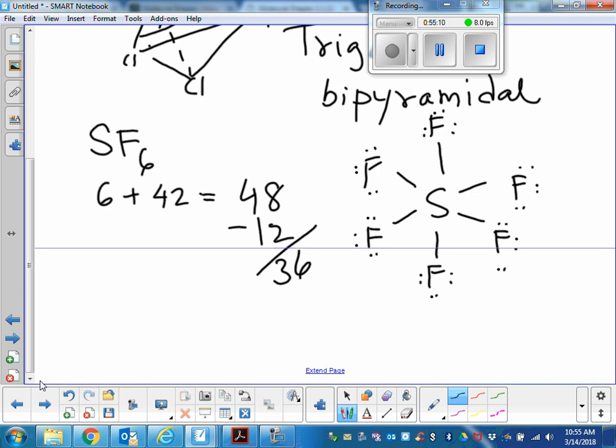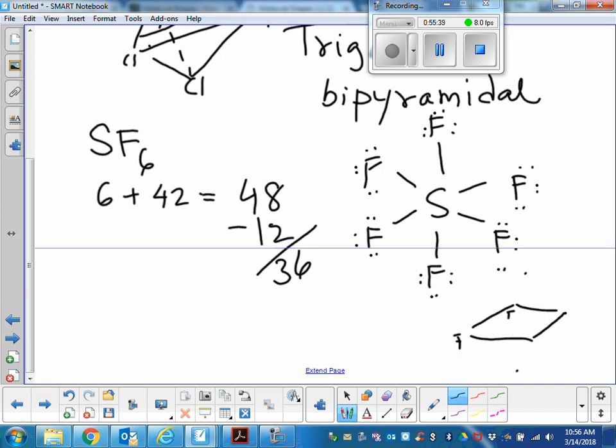Everybody able to see that? And then there is one on the top and one on the bottom. It's like there is a square base, a pyramid on the top, and a pyramid on the bottom.